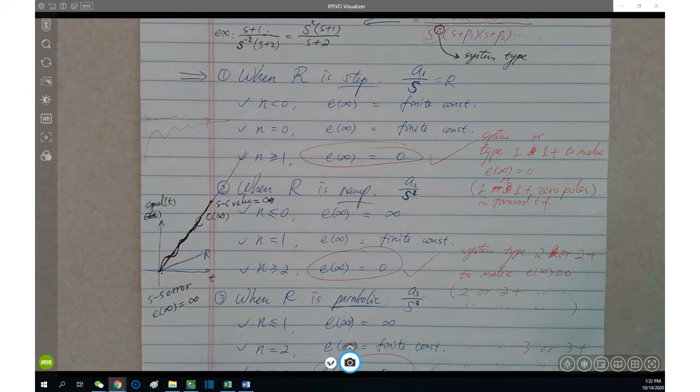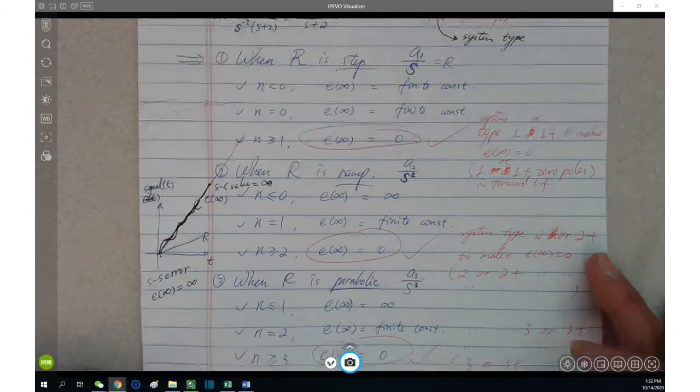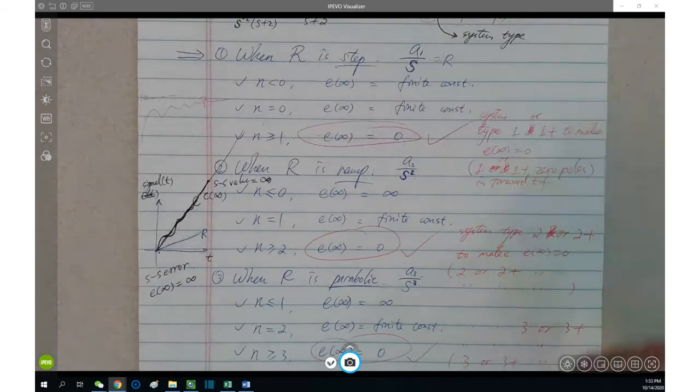All right, if this is fine, keep these notes, because the following examples require this summary, making your calculation much easier.